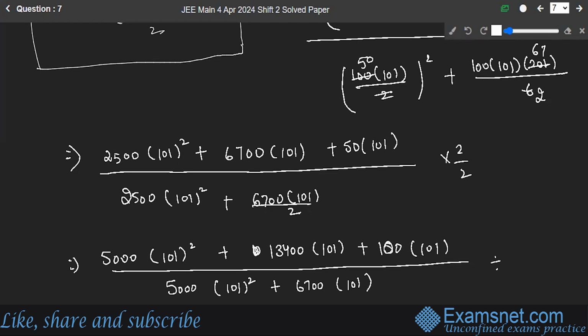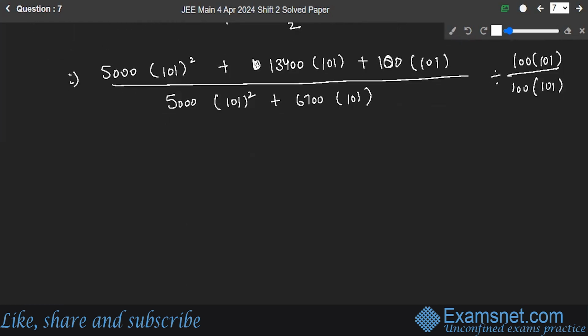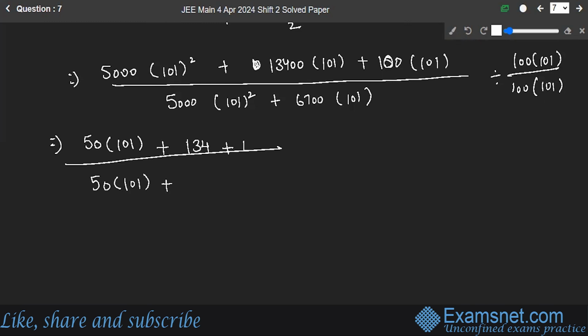Now let's divide both the numerator and the denominator by 100 into 101. This will remain as 50 into 101. This will be 134. And here will be 1 divided by 50 into 101 plus 67.